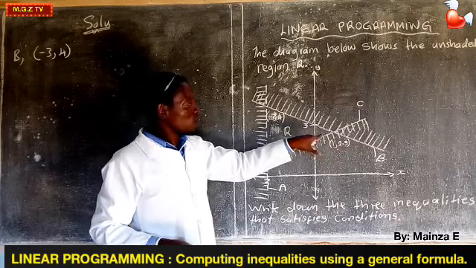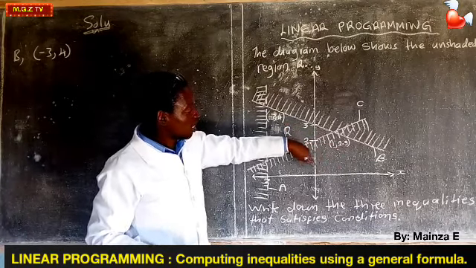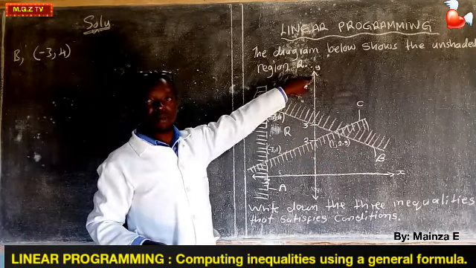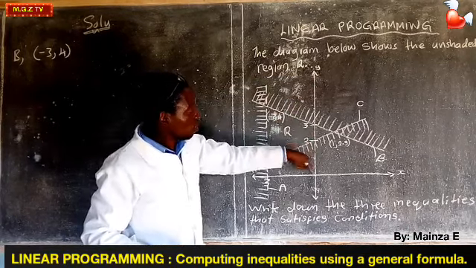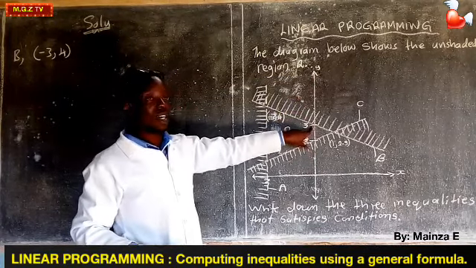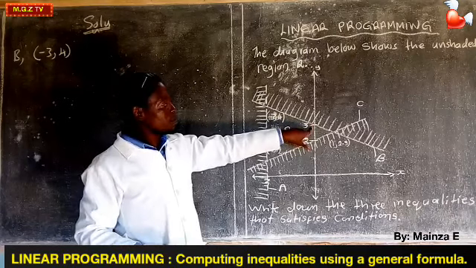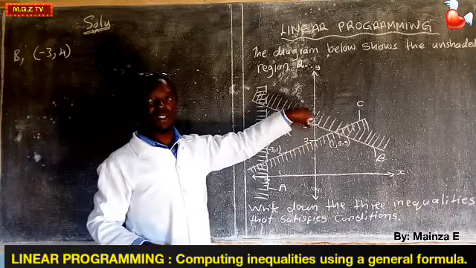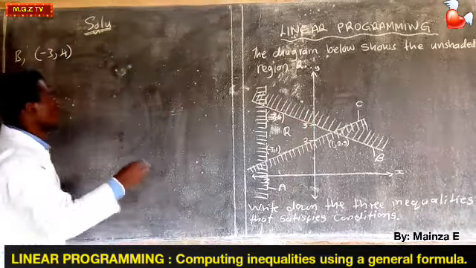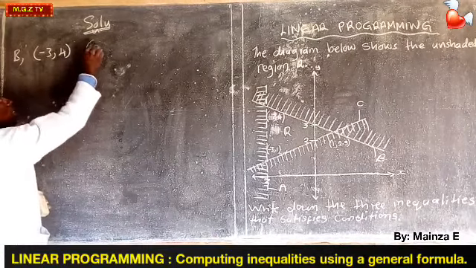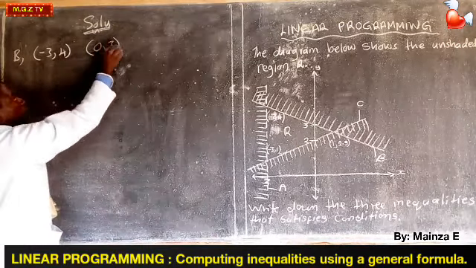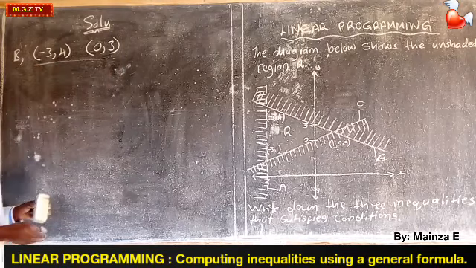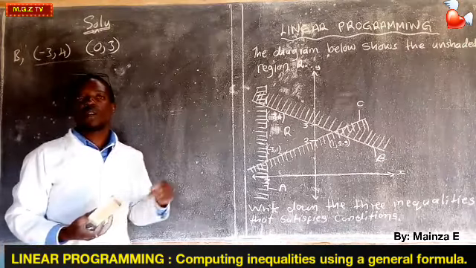So what you do, go where this line is cutting the y-axis. And the line is cutting the y-axis at 3. So at this point, x is 0. So the coordinates that we use there, 0,3. So these are the 2 coordinates that will now help us.